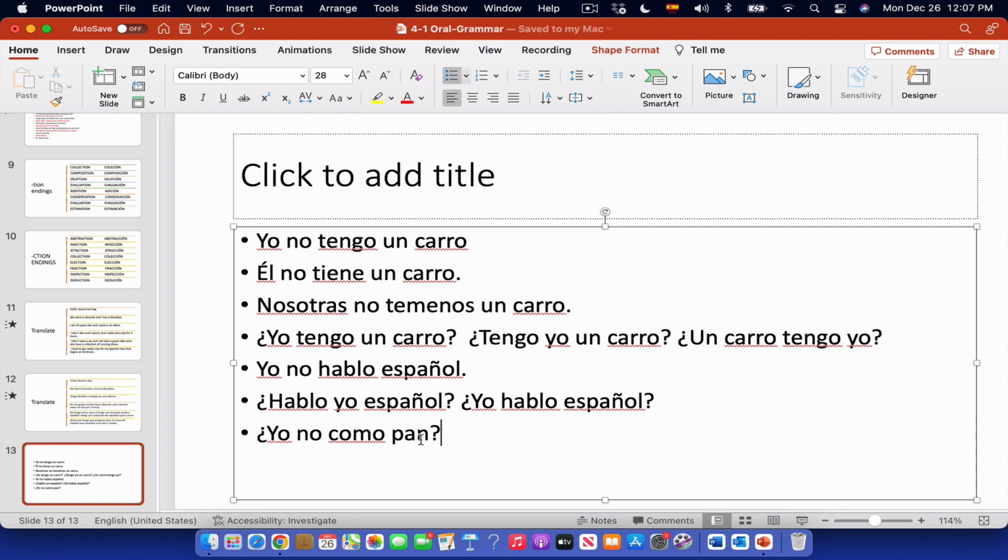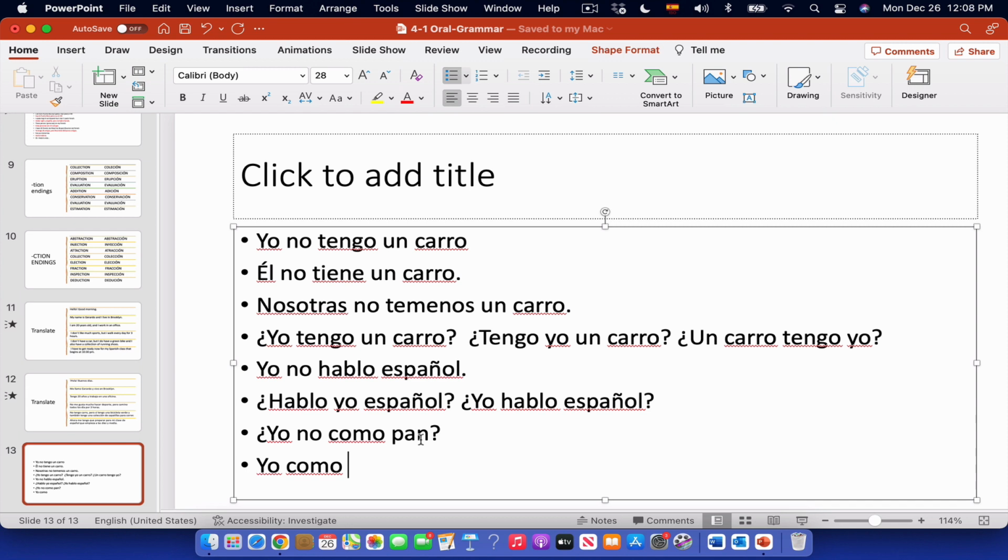How do you say, for example, I eat bread? Yo como pan. How do you say, I don't eat bread? Yo no como pan. How do you say, I eat this bread? Remember the demonstrative adjectives. So in this case, it's going to be yo, eat, como.